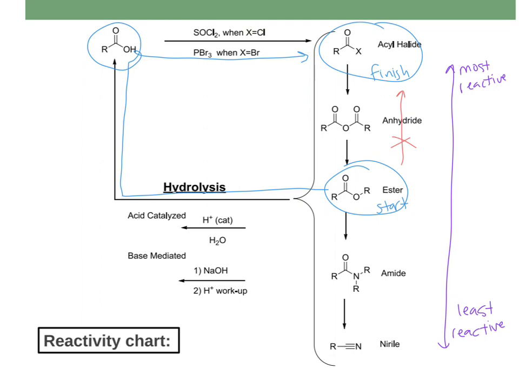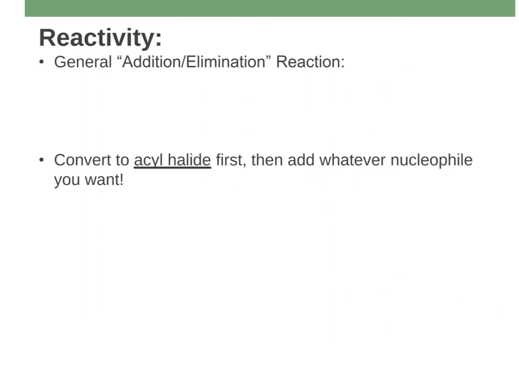But so we want to try to figure out, right, how do we get carboxylic acids into these other derivatives? Also recall that in a previous video, I mentioned that the general addition-elimination reaction doesn't really work so well with carboxylic acids, generally speaking. So if I have some generic carboxylic acid, let's say we have benzoic acid here, that's a Ph, and I want to turn it into an amide, for example.